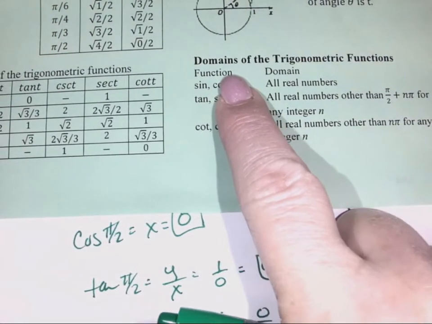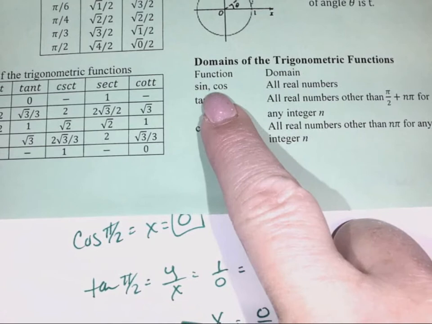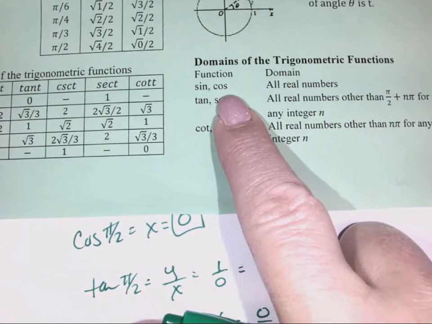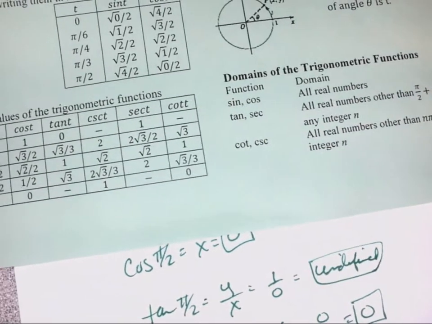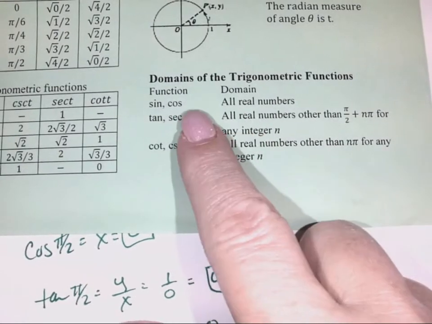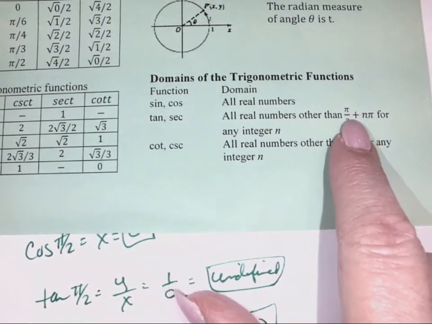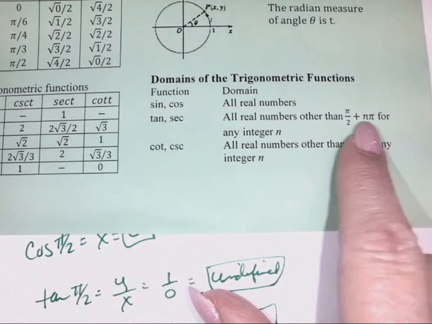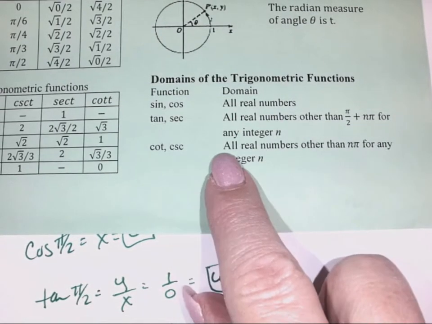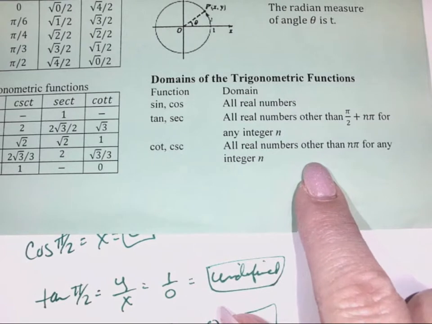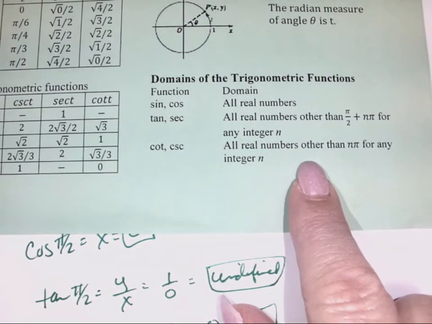So when we're looking at our functions with the domain, the sine and cosine are all real numbers, and tangent and secant are all real numbers other than, remember I talked about the pi over 2 part, for any integer n, and cotangent and cosecant are all real numbers other than n pi for any integer n.